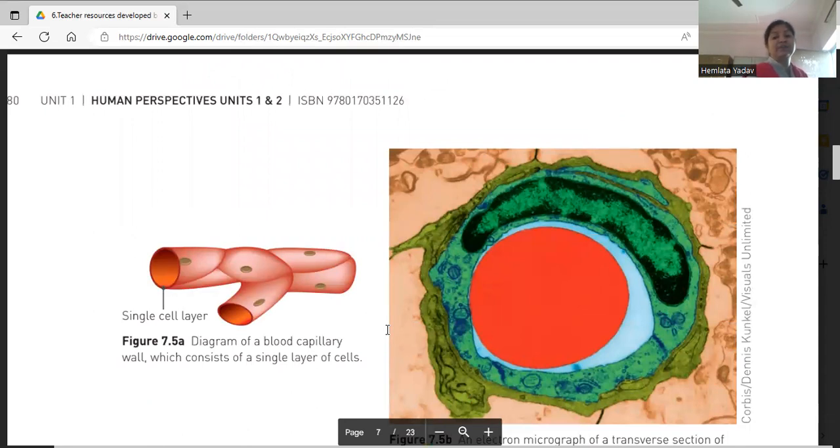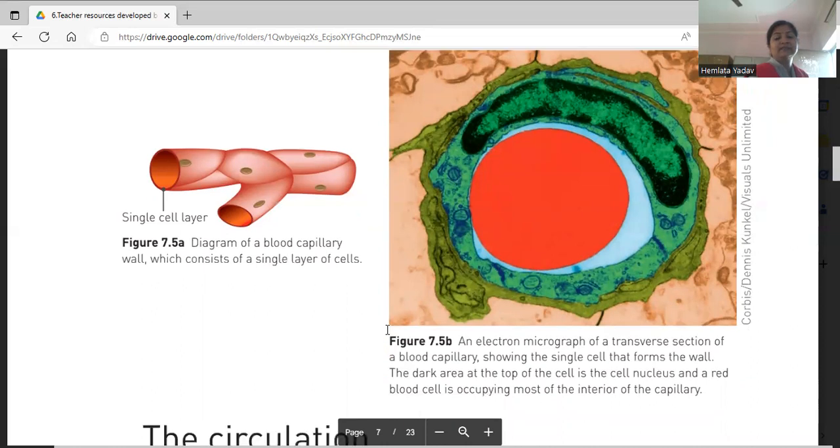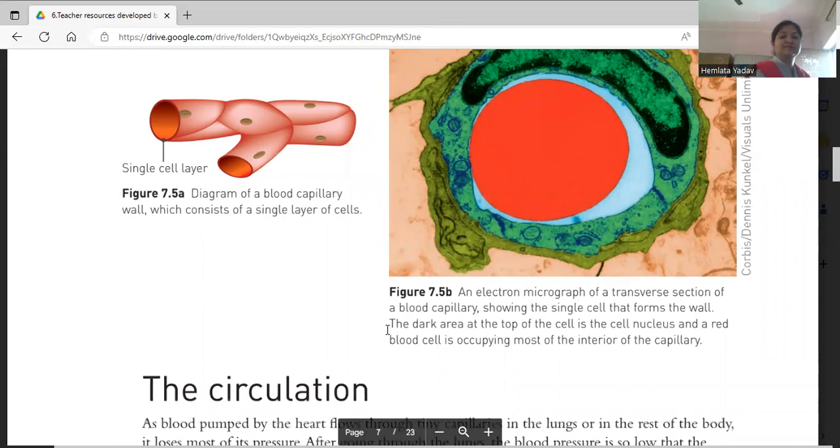So this is the capillary wall shown here. A micrograph of a transverse section of the blood capillaries is shown. The single cells that form the wall have dark areas at the top, which are the cell nuclei. Red blood cells occupy most of the interior of the capillaries.